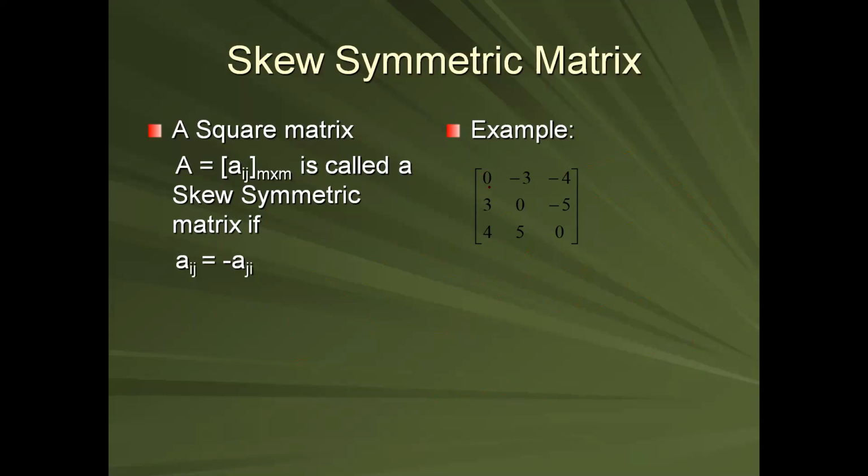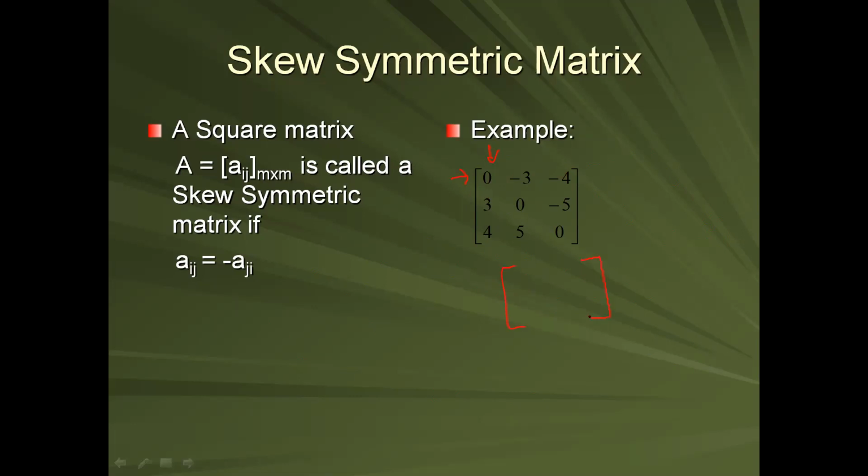For example, here first column is 0, -3, -4 and first row is 0, -3, -4. So first column should be 0, 3, 4. Same numbers but the sign should be different. Is that fine? Clear?